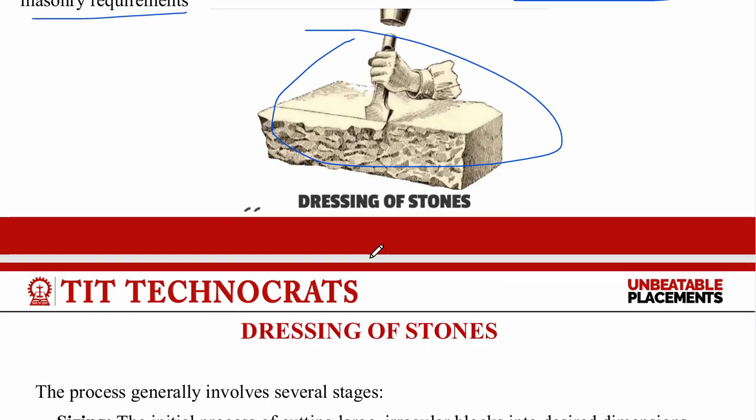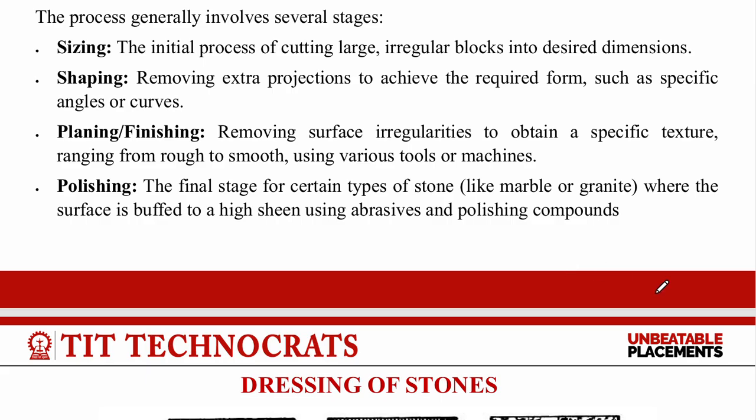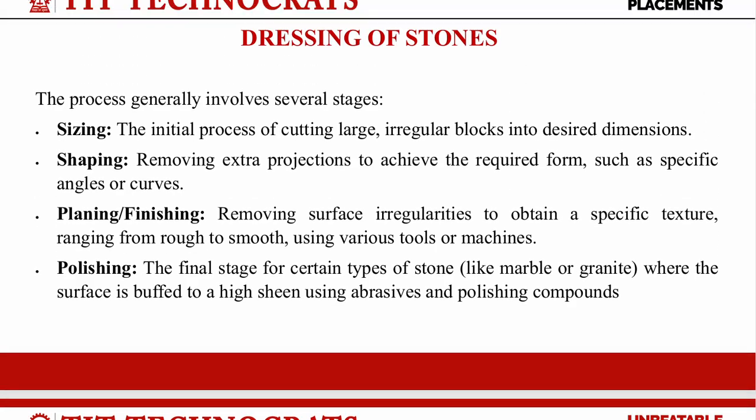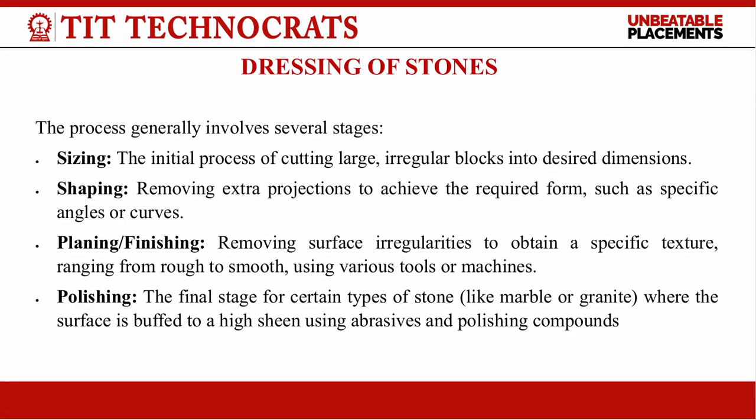If we talk about the methods of dressing, there are various stages, and various surfaces are created by a dresser for stones. The process generally involves several stages: first sizing, then shaping, planing and finishing, and then polishing.